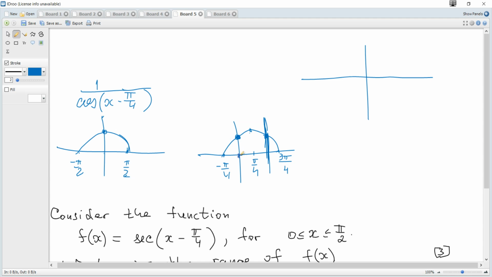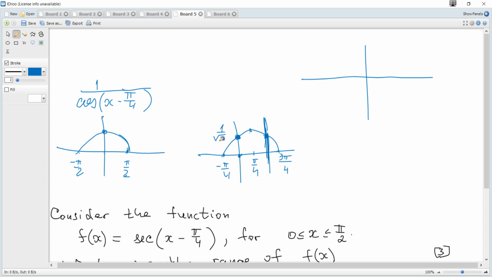And actually let's calculate. It's cosine of 0 minus π/4. Cosine is an even function, so it's the same as cosine of π/4. It's 45 degrees, so it's root 2 over 2, or 1 over root 2.